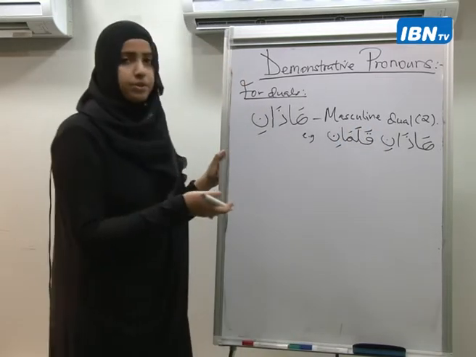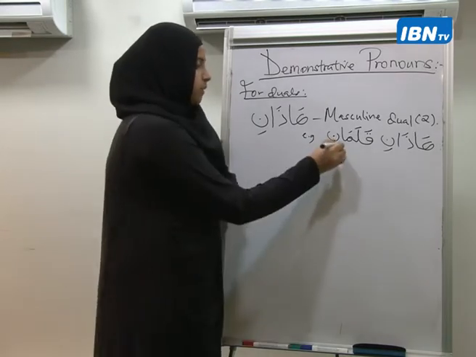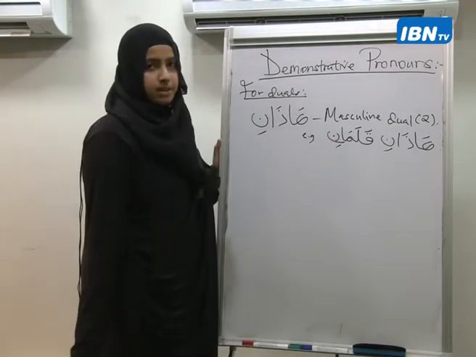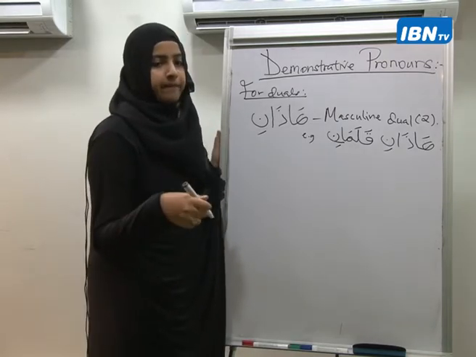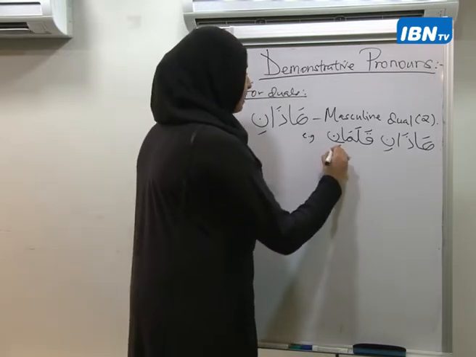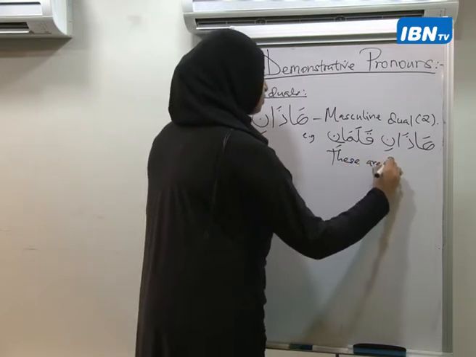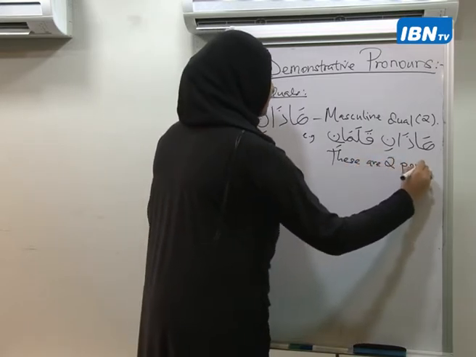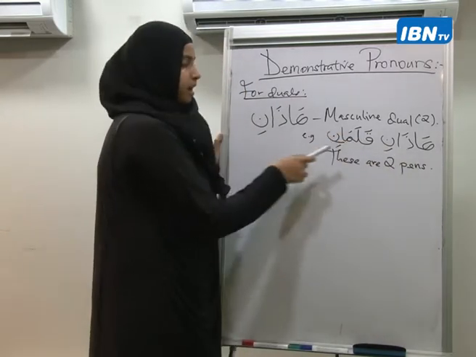And we had done duals, how to convert qalamun to qalamani. I said if they are masculine words, you will add an alif and a nun kasra at the end. Okay? Let's look at another example. These are 2 pens, hadhani qalamani.